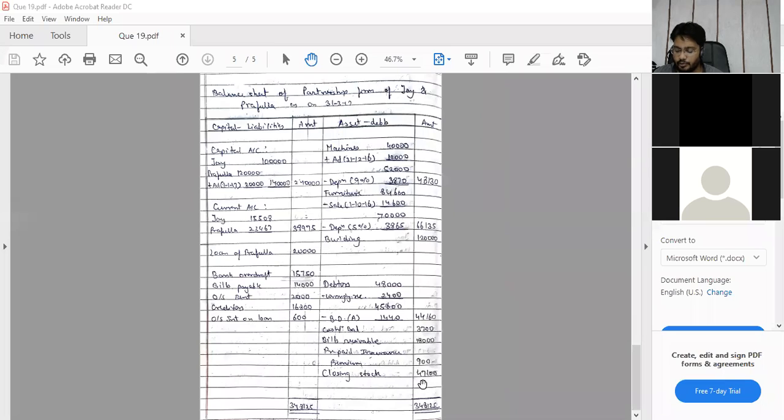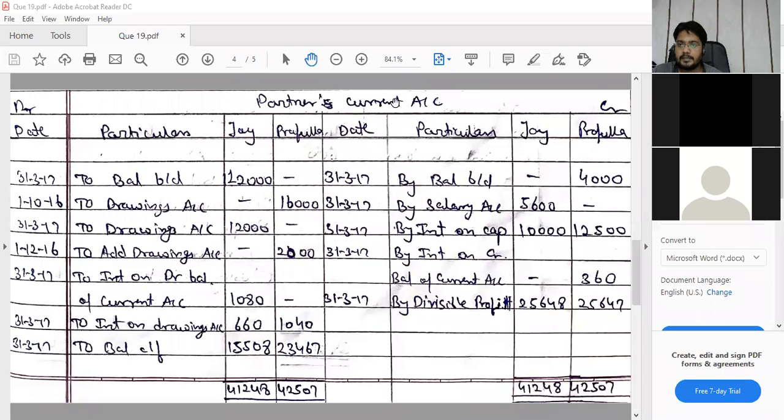Second adjustment is about providing 10% interest on capital. Yesterday we calculated the interest on capital of each partner. First effect, partners' current account credit side, write the date 31st March 17, by interest on capital, on J 10,000, and on Prafulla 12,500.